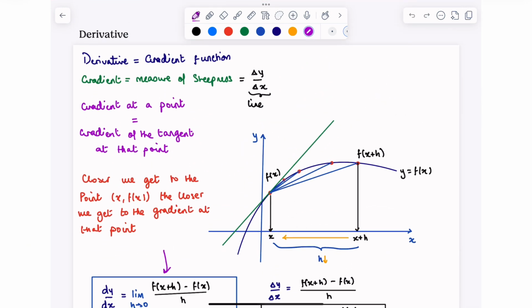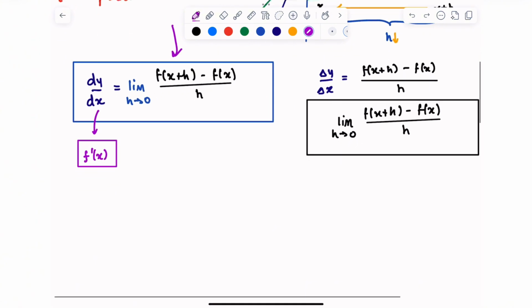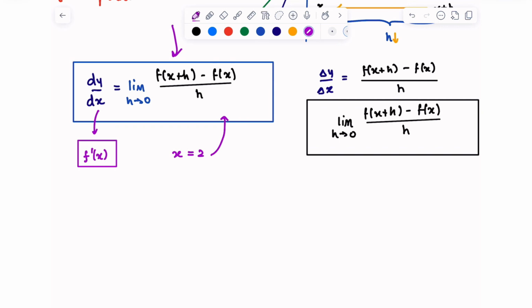What that means is, if I was to put x equals 2 into this function and work out the value, I'll get the gradient at x equals 2.